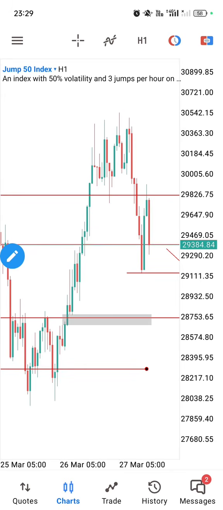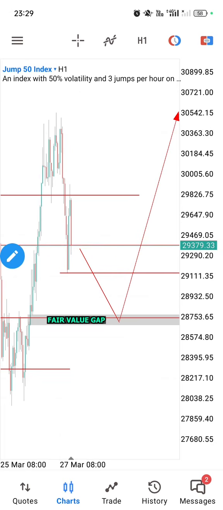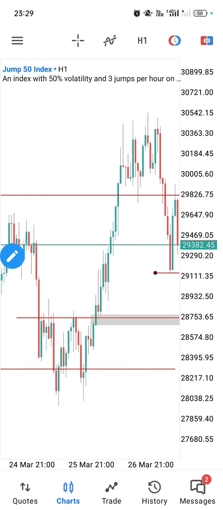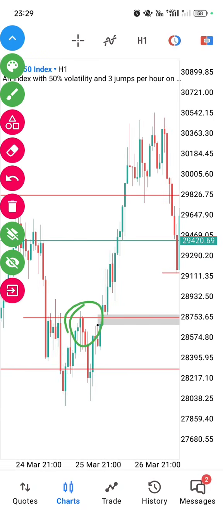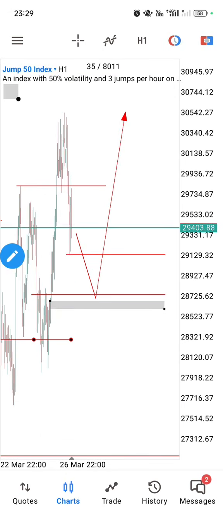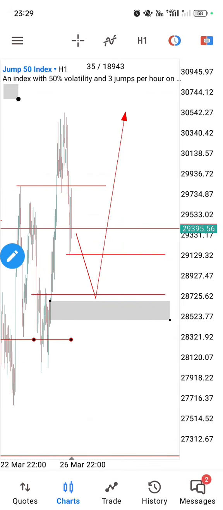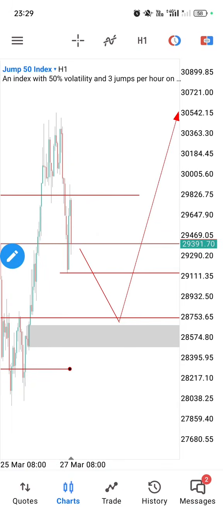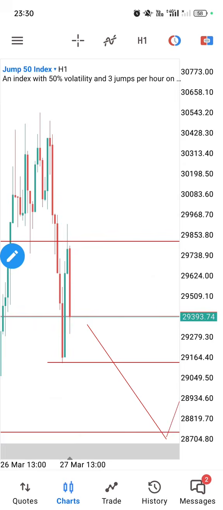On the lower time frame, the 1 hour, there's also a fair value gap, and below it there's a 1 hour order block, sort of in line with the mitigation there. Let me simplify it and say there's a 1 hour order block there. Price has to shoot back down to there, and then it shoots up afterwards.